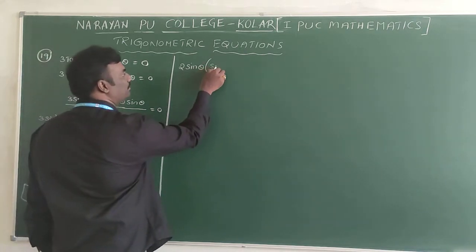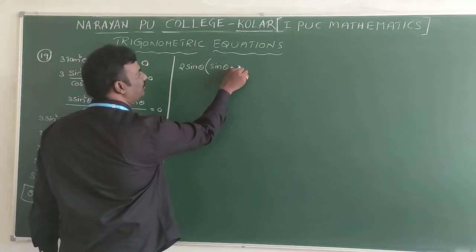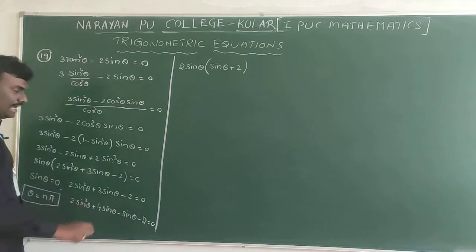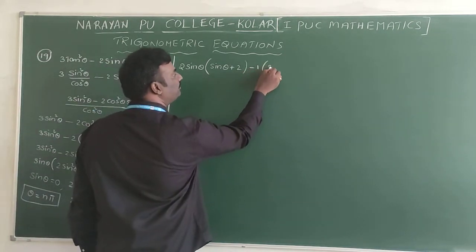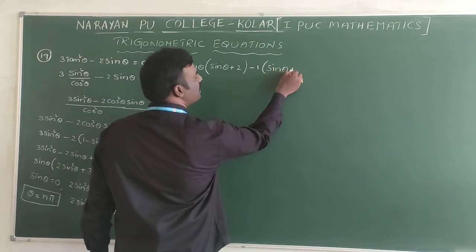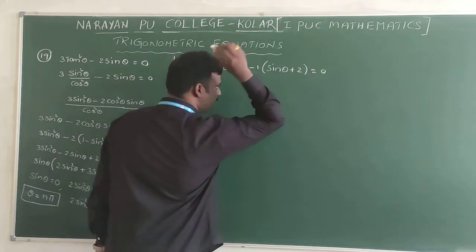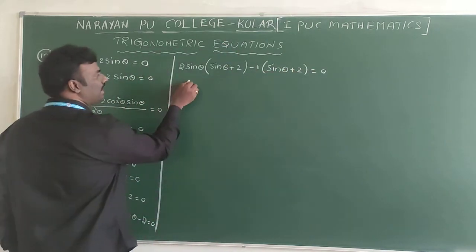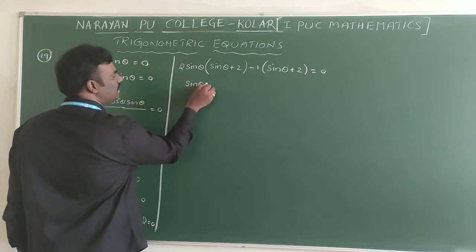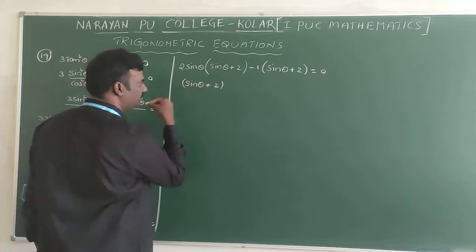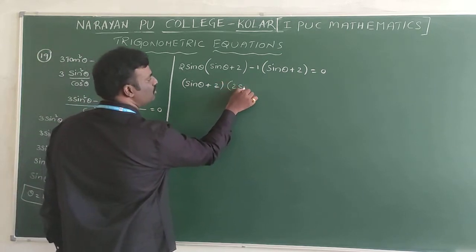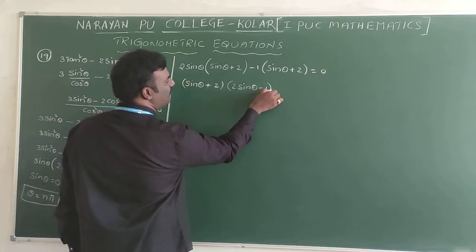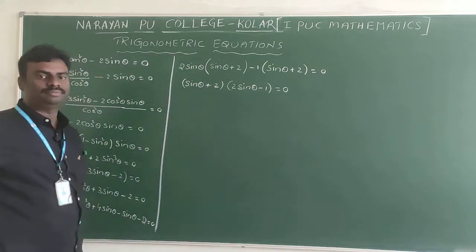In the last two terms, I will take minus 1 common, giving sin theta plus 2. Again you can take sin theta plus 2 common. Now what will you get? sin theta plus 2 into 2 sin theta minus 1 is equal to 0.